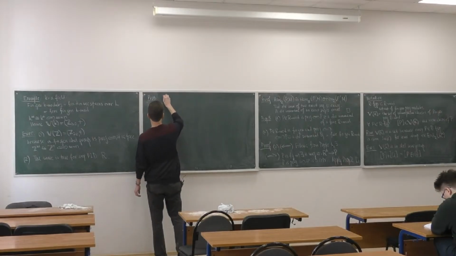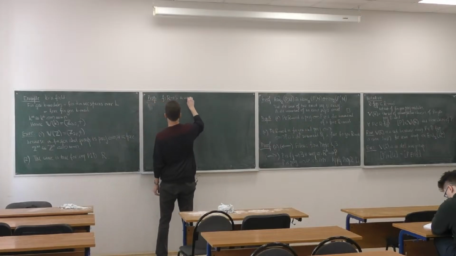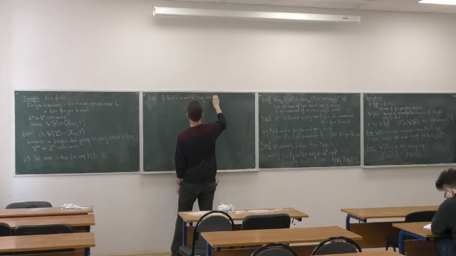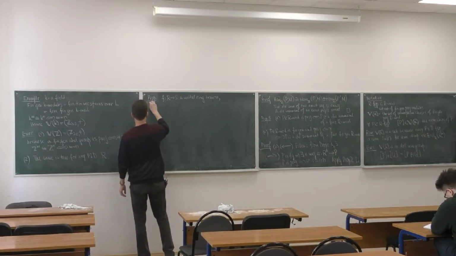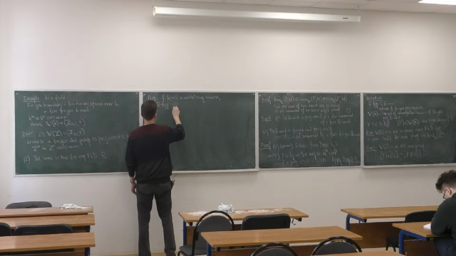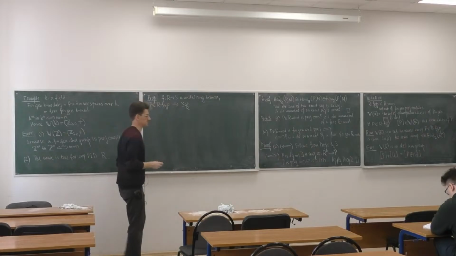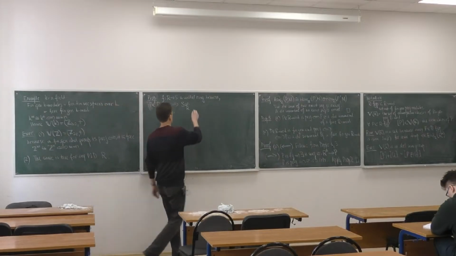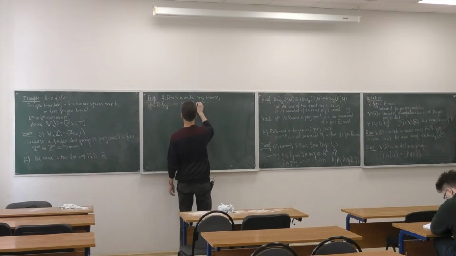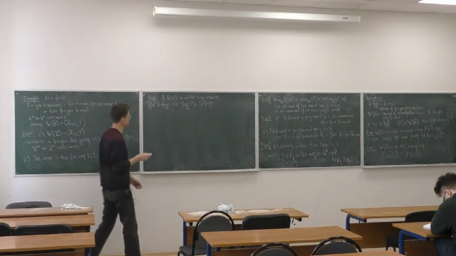If we have a ring homomorphism F from R to S, a unital ring homomorphism, and P is a finitely generated projective R module, then if we apply the following functor, so-called extension of scalars, to P, then the resulting S module is also finitely generated and projective.